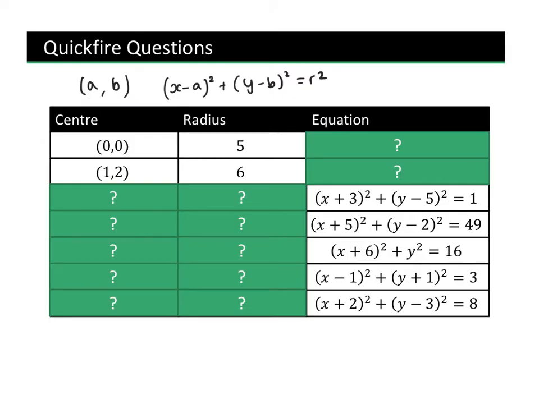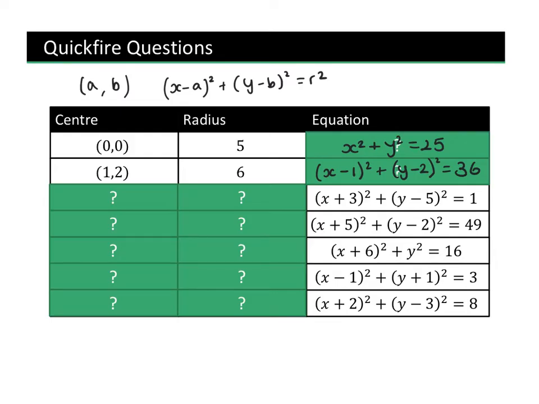So we're just going to be left with x squared plus y squared equals 5 squared, which is 25. For the second one, if we have point (1, 2) and radius 6, our equation of the circle is (x minus 1) squared plus (y minus 2) squared equals 6 squared, which we know is 36.